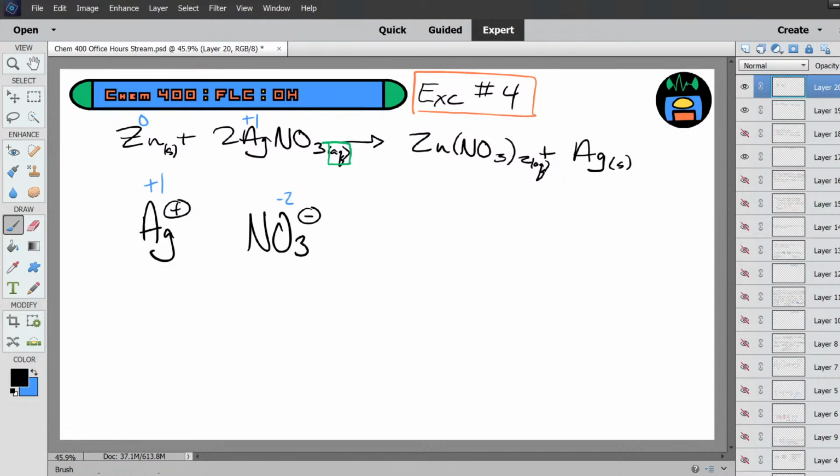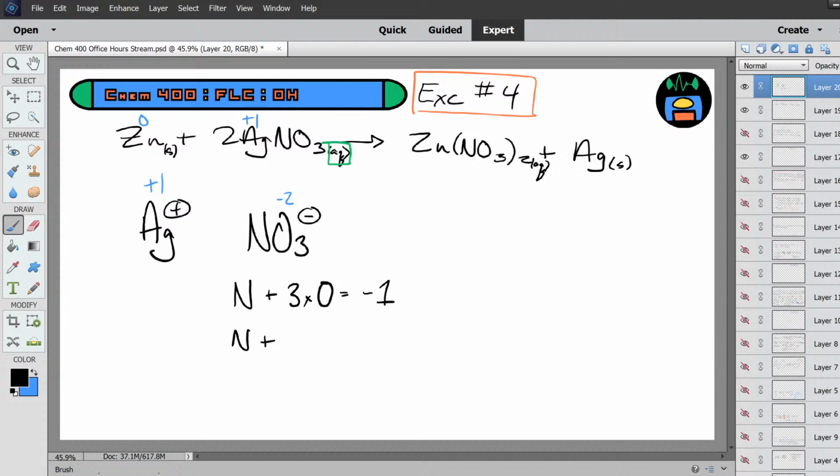And now we can determine the oxidation state of nitrogen, because the oxidation state of nitrogen plus the oxidation states of 3 oxygens will add to our total charge, which is -1.